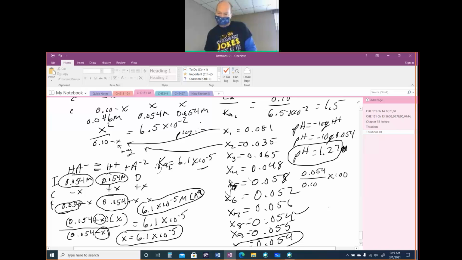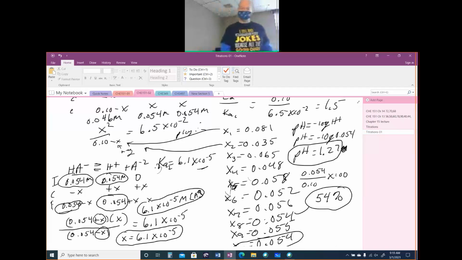And you see that is a 54% ionization. That is a huge percent ionization. So as far as weak acids go, that is a pretty strong weak acid. Having a Ka value of 10 to the minus 2 is a very large Ka value.